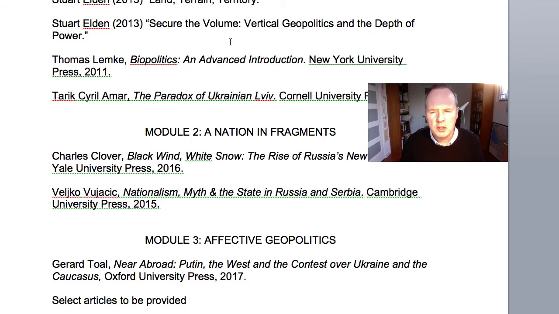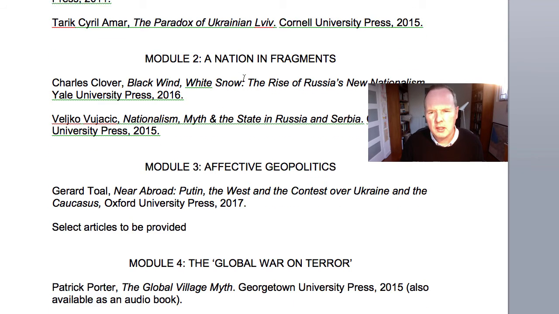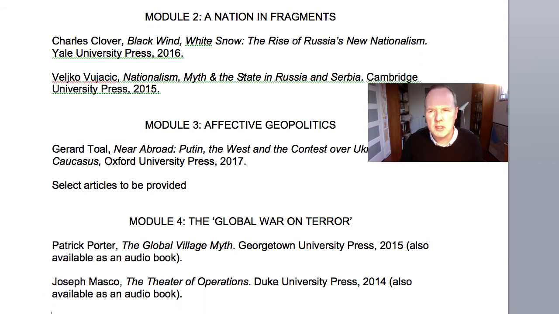The second module deals with what I'm calling a nation in fragments, but it's essentially situations where, and we've had 2 examples of it in the late 20th century, a communist federal state collapses, in the case of Yugoslavia or the Soviet Union, and you have the emergence of a dominant state nationalism, this dominant state within that particular communist federation.